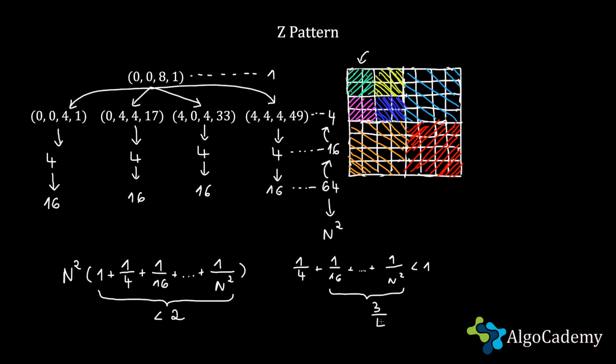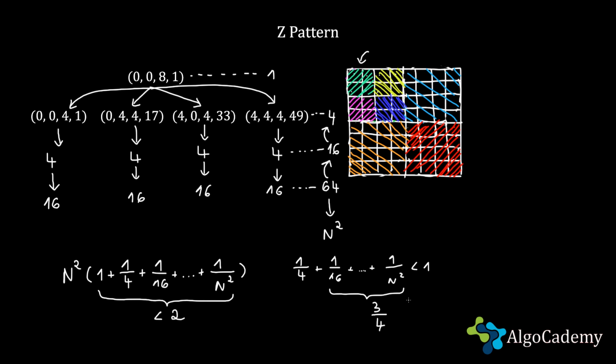Now, for this sum to be less than 3 divided by 4, you can imagine the sum of all the numbers except 1 divided by 16 has to be less than a value that is not a lot smaller than this 3 divided by 4, and decrease it, and you are going to end up with something like 1 divided by n squared has to be less than a number which is way larger than that.